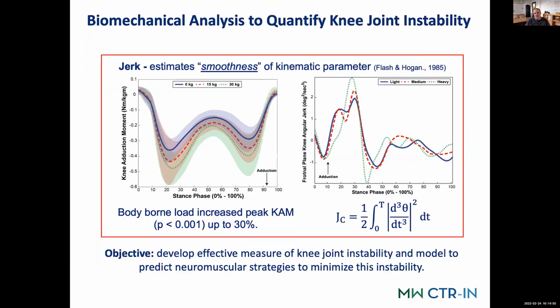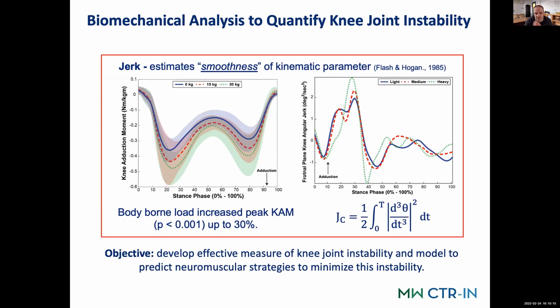So kind of two examples of projects that I may be looking for PhD students in the near future. I have what some people might call a wonky idea of a measure that would estimate what I think will estimate joint instability.